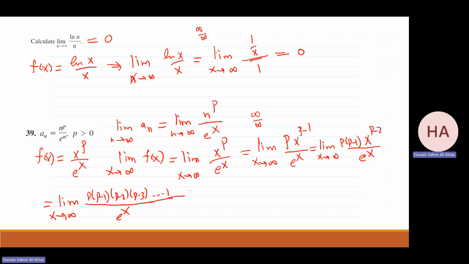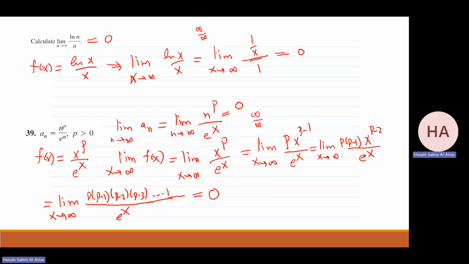So I have a number, the limit as x goes to infinity of p factorial, or a number, who cares? A number over infinity, that will be 0. So this limit is equal to 0. Which is clear.